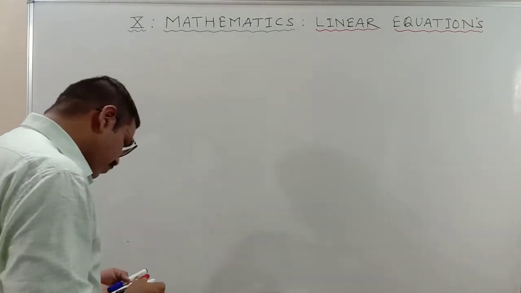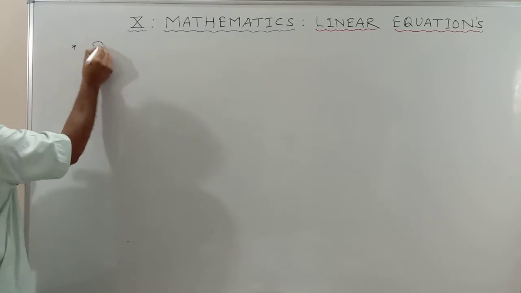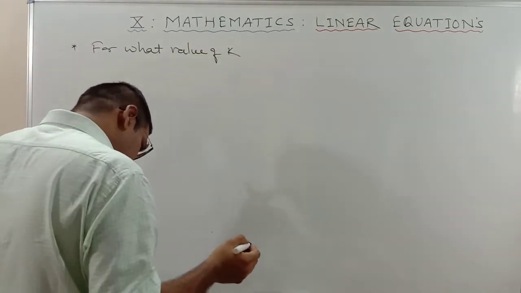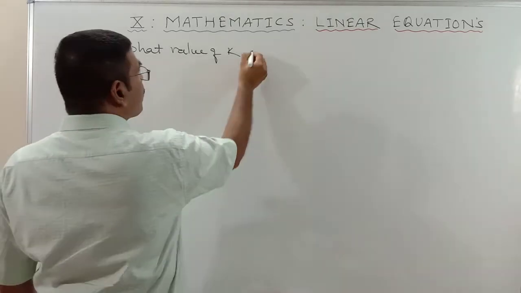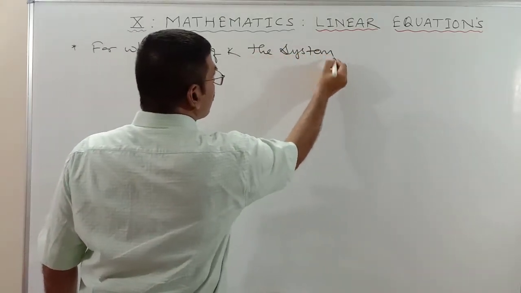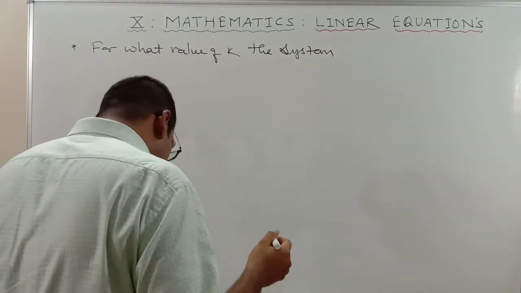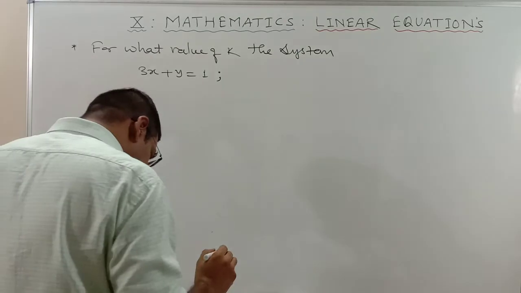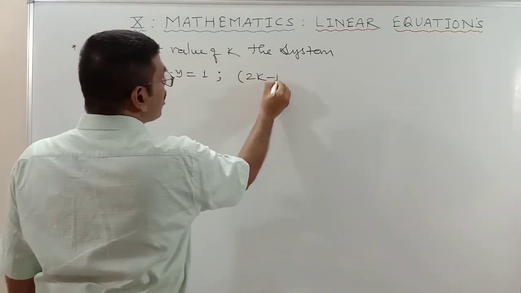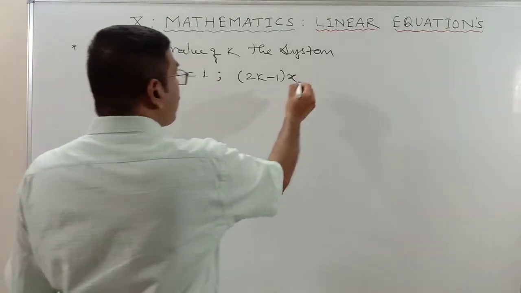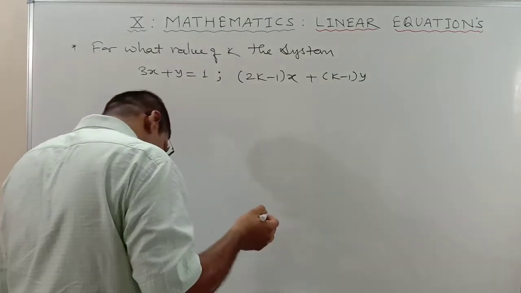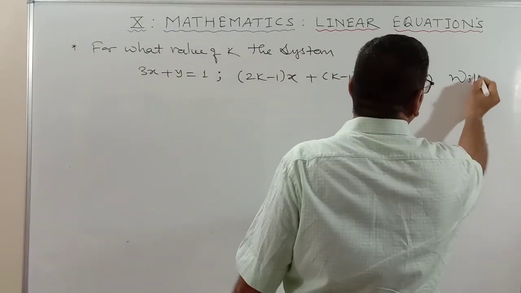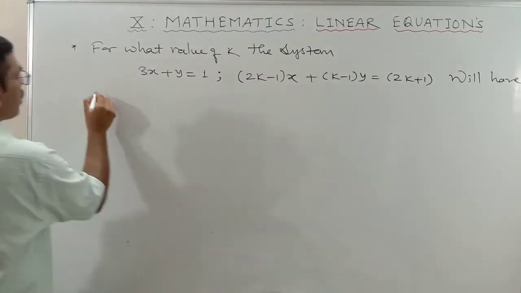Suppose the question I am writing: for what value of k, the system 3x plus y is equal to 1, and another equation (2k minus 1) into x plus (k minus 1) into y is equal to 2k plus 1, will have no solutions.